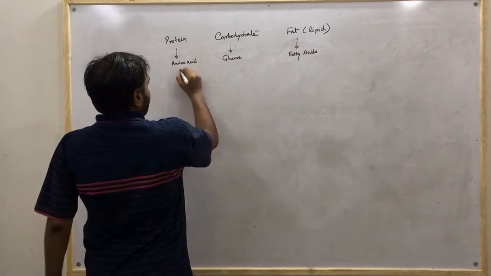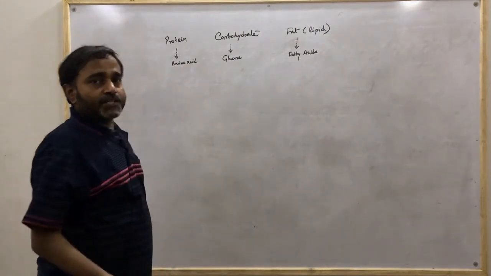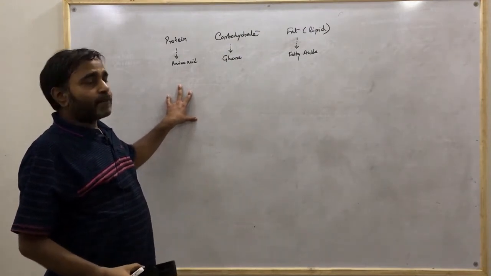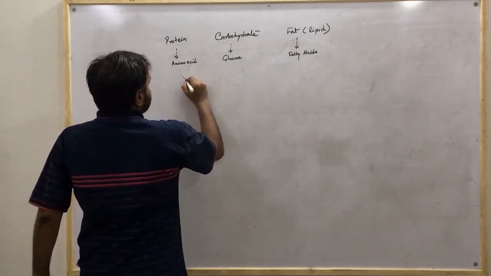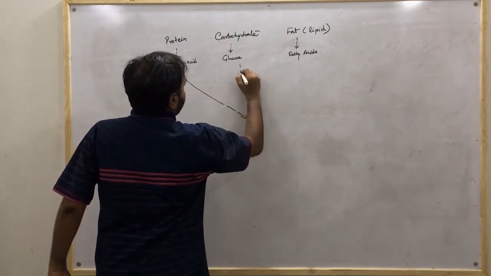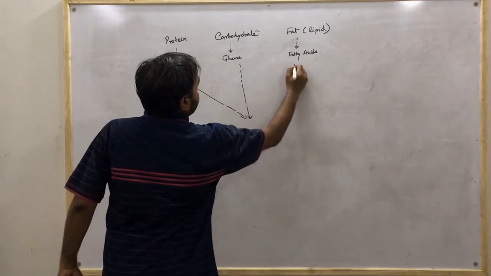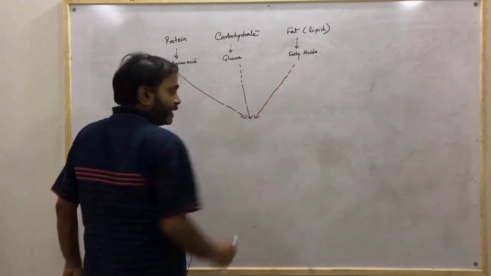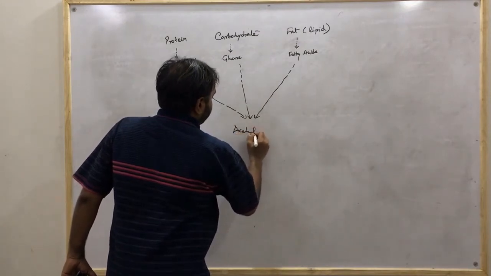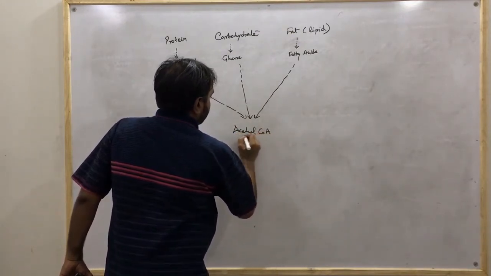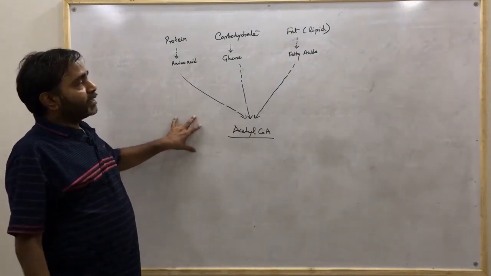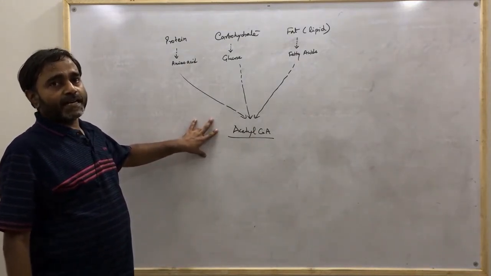So these will get absorbed into the intestine, or you can say assimilated into the blood, and thereby these will further lead to the formation of acetyl-CoA, in order to enter into the pathways, and thereby energy is generated.